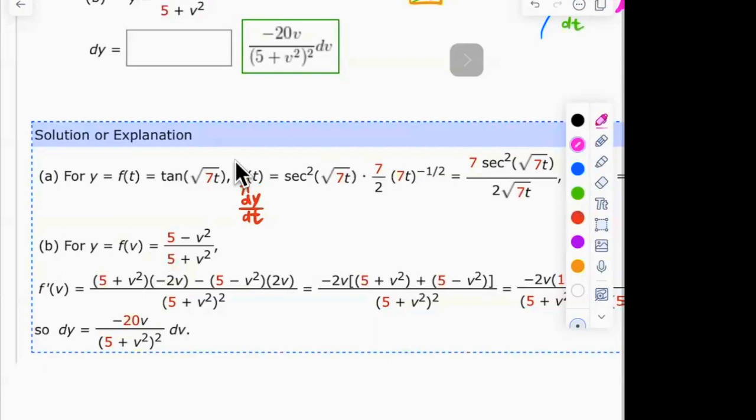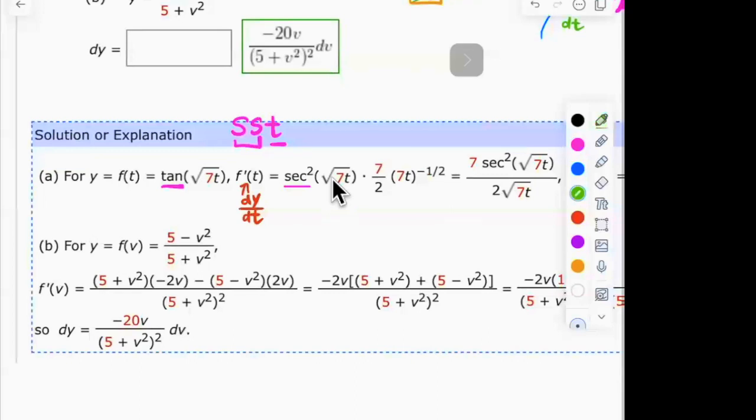The outer function is the tangent function. Remember the trick I told you guys, the SST rule: the derivative of tangent is secant times secant. So that's secant squared, and then you just copy the inner function inside.